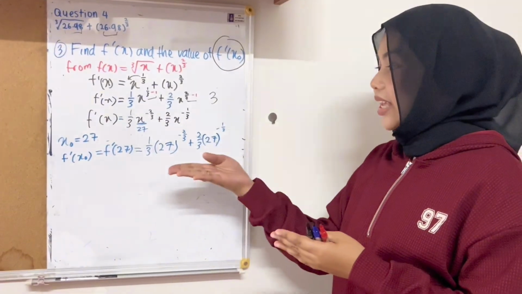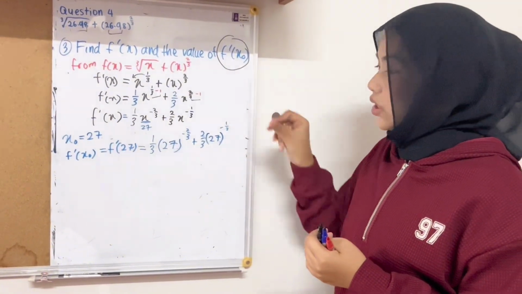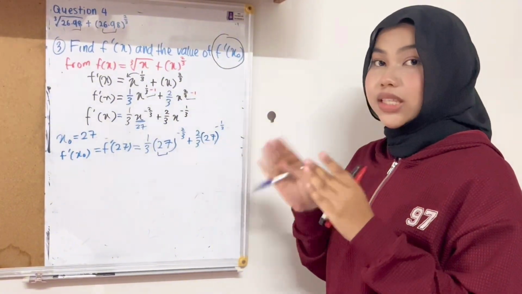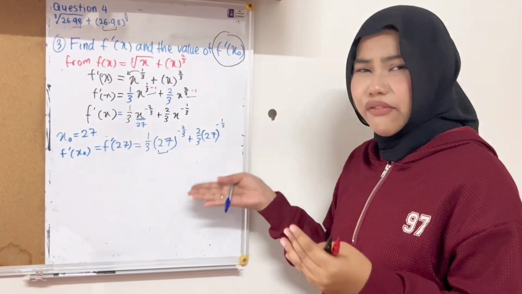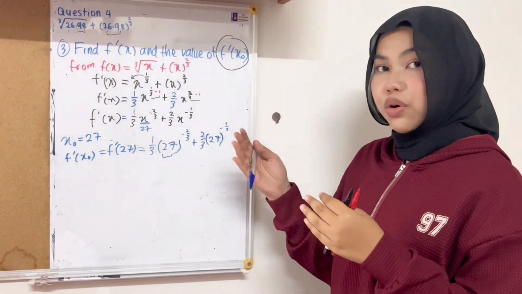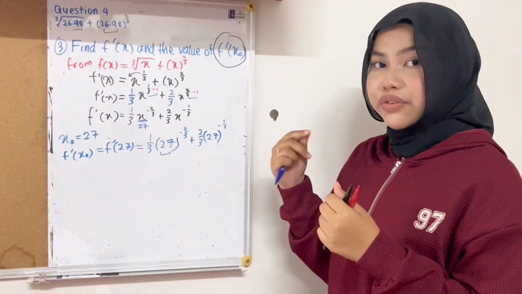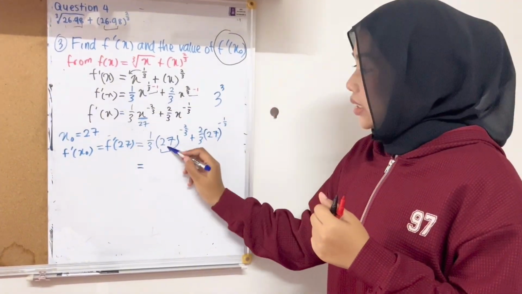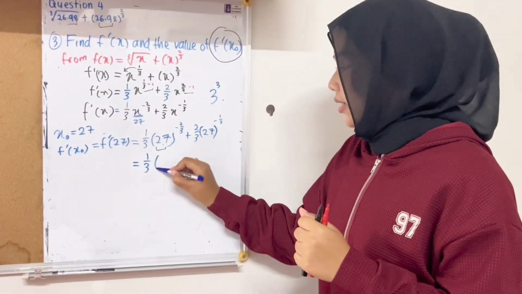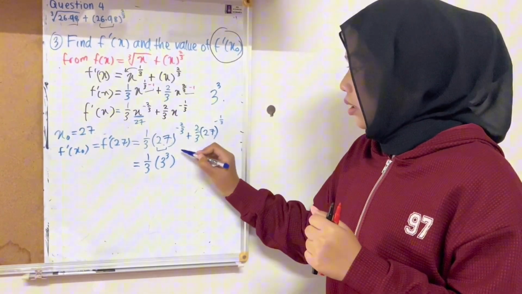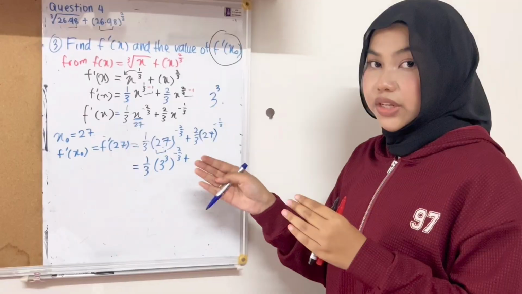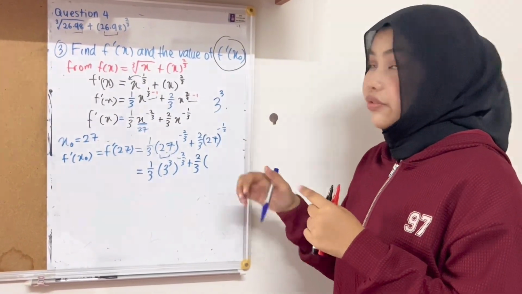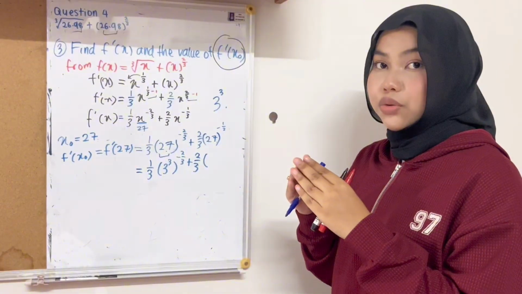Alright, after we get this, we have to change it a little bit. We cannot leave 27 as it is. For 27, we all know that it is a perfect cube, which is 3 to the power of 3. Change only the 27, okay? For this you have to find another number, which if you calculate it will give 27.